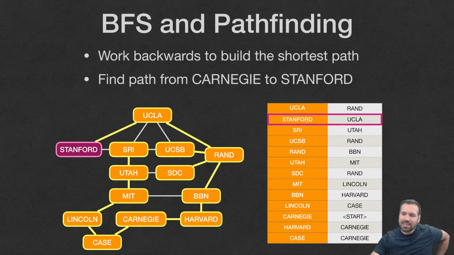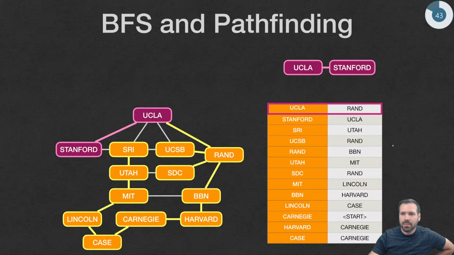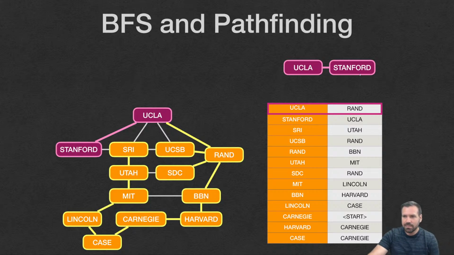We're going to keep asking this data structure a question. We're going to say, Stanford, who discovered you? Where'd you come from? And Stanford's going to say UCLA. So we build this backwards. We used to do this with a linked list, to get another data structure in here and prepend to a linked list, since we know that's nice and fast. So Stanford has to be our last node. That's our destination. And we're going to say Stanford, who found you? UCLA, prepend UCLA.